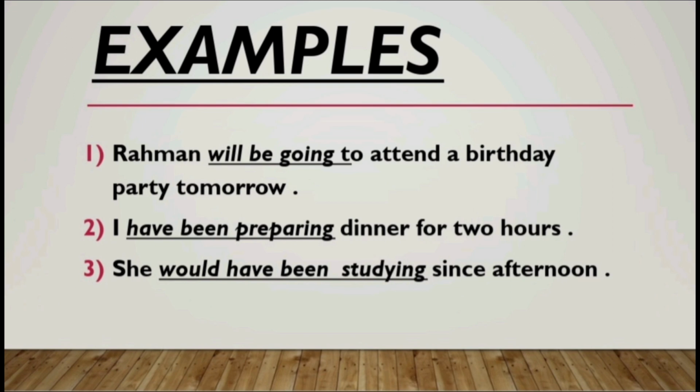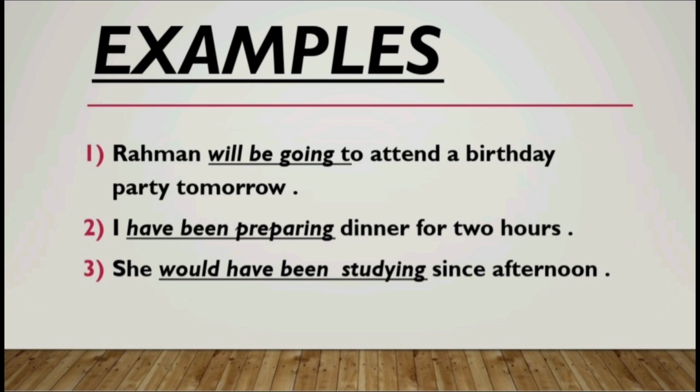Let's have a look at a few more examples relating to verb phrases. The first one is: Rahman will be going to attend a birthday party tomorrow. "Will be going" is a verb phrase because it is built around two verbs, a helping verb, will be, and going, the ing form of the base verb.